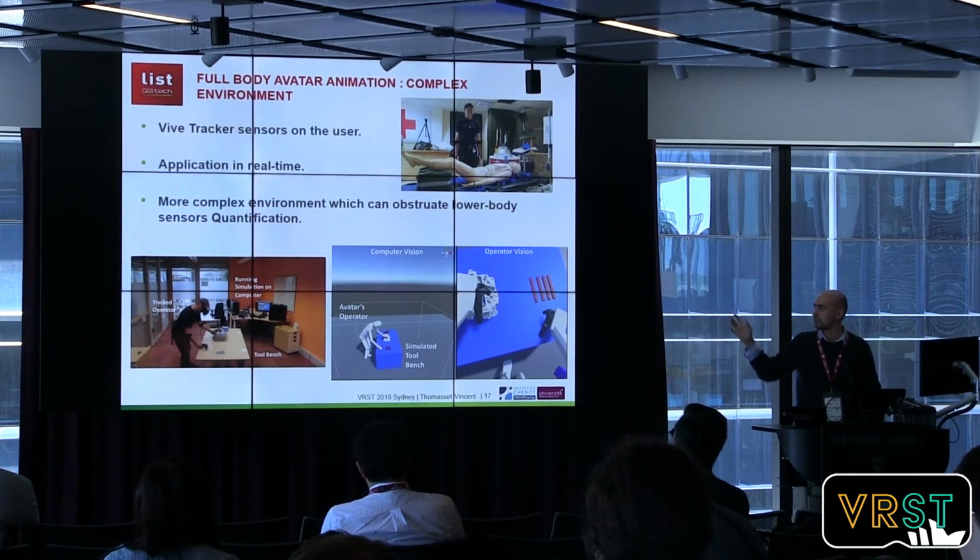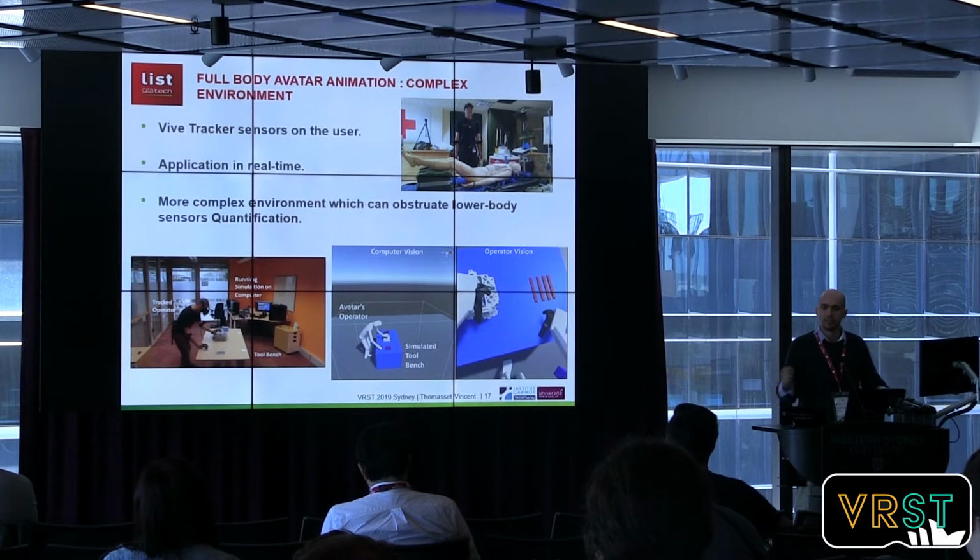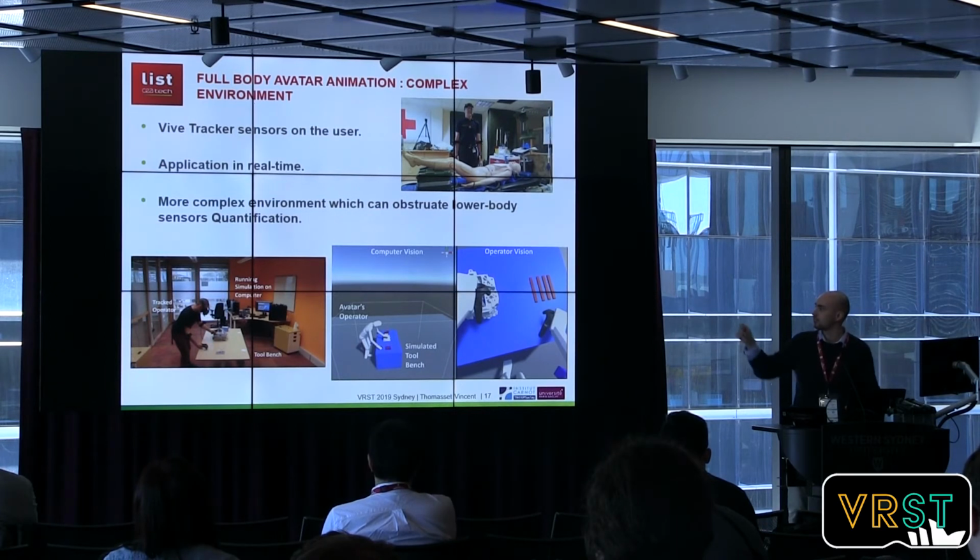And we wanted to show the application in a complex environment because we had feedback asking why are you trying to generate leg movement if you already have sensors on the lower body. So here is an example of the situation. You have a bench which is obstructing the lower body sensors, and you need to generate the leg trajectory if you want to have a movement all the time.